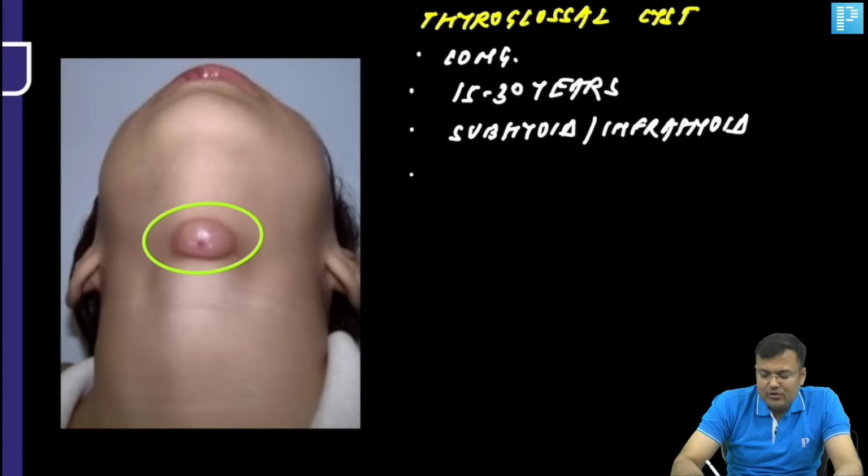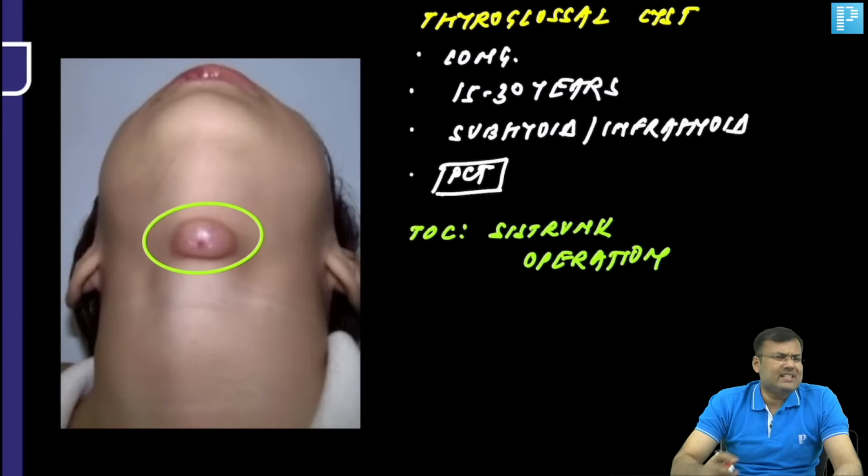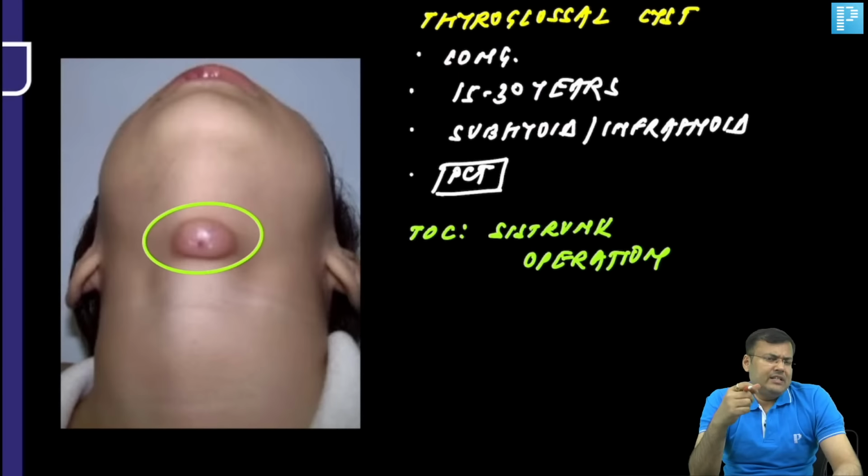It leads to increased risk of papillary carcinoma thyroid, and all of you know what's the treatment. The treatment of choice is Sistrunk operation. And all of you know what we do in Sistrunk operation? En bloc excision of the cyst along with the central part or body of the hyoid. So, this is Sistrunk operation for thyroglossal cyst.